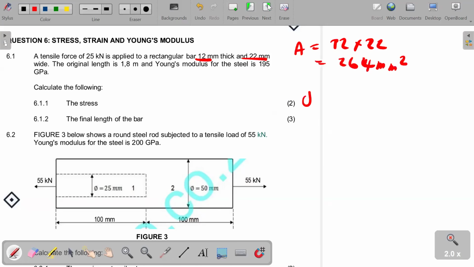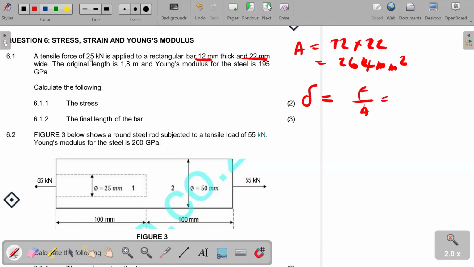And then stress is given by, by the way, this symbol here is the lowercase Greek letter sigma. So it's equal to F over area, force over area.